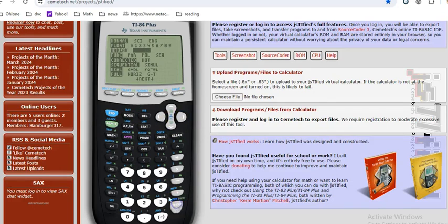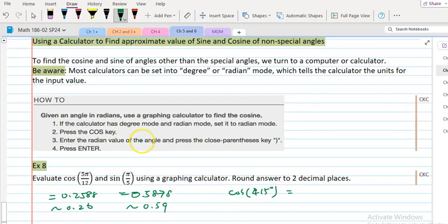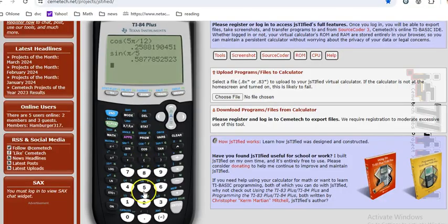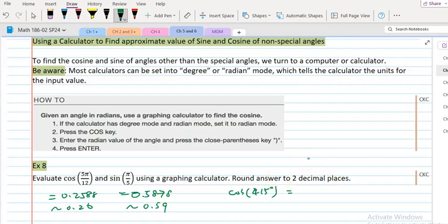Press degree, and then cosine 415. You don't have to say degree because it's in degree mode. It is 0.573, so 0.57.